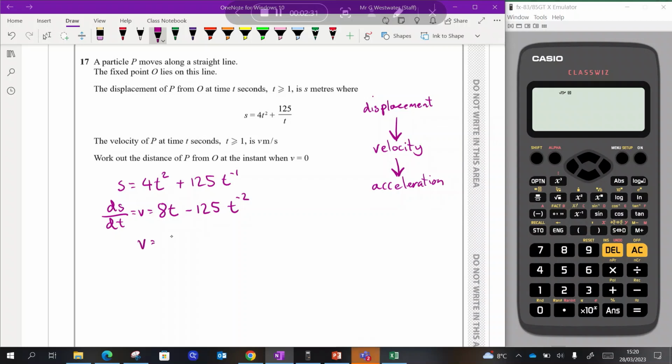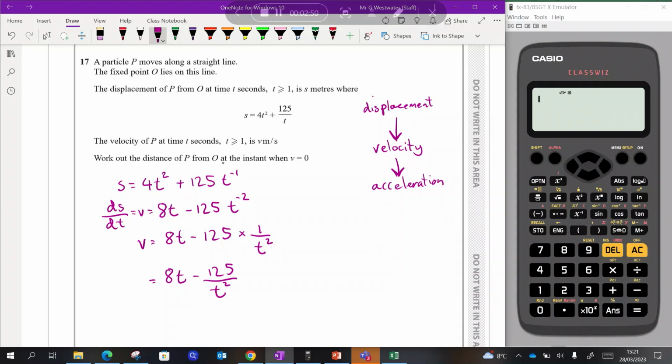So v is 8t minus 125 times 1 over t squared, or 8t minus 125 over t squared.